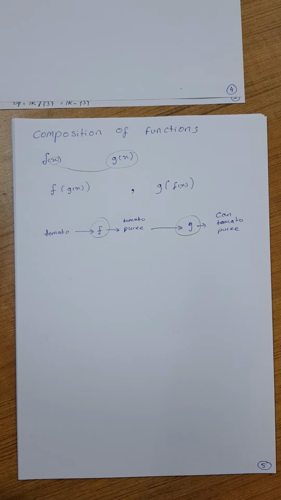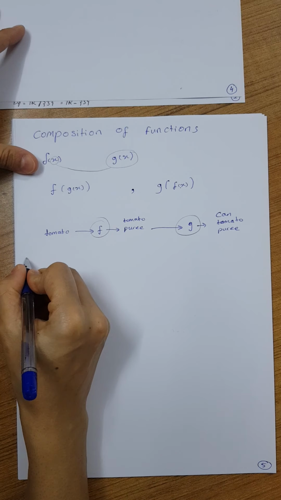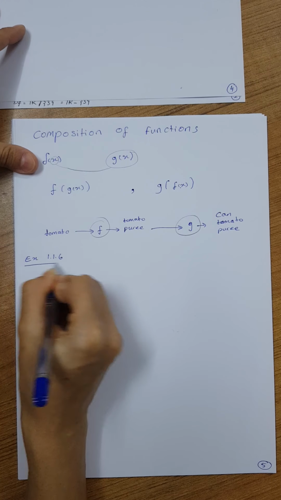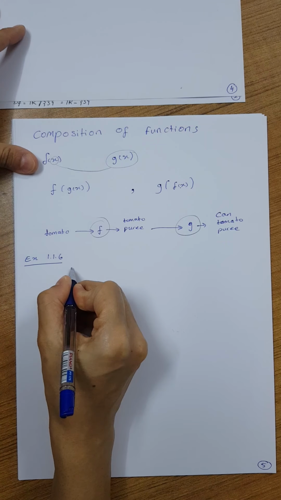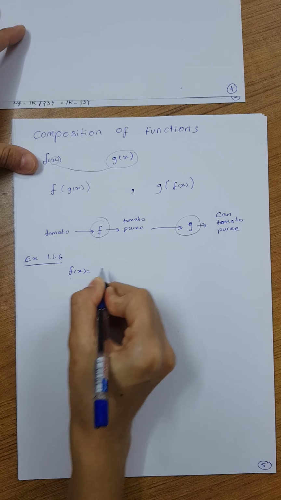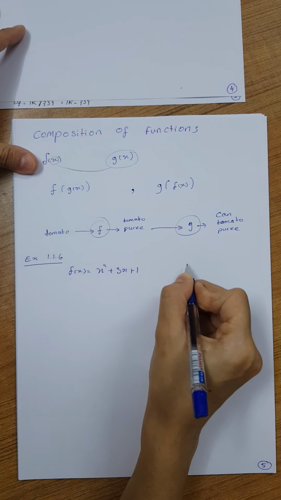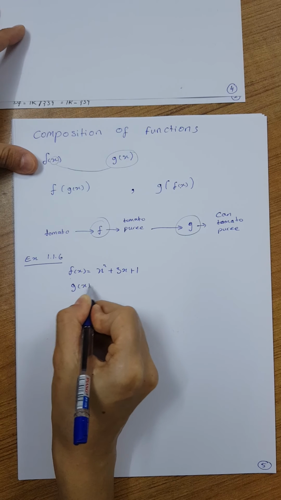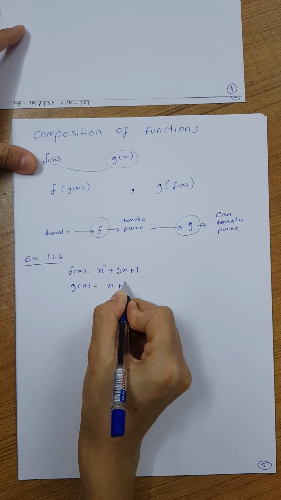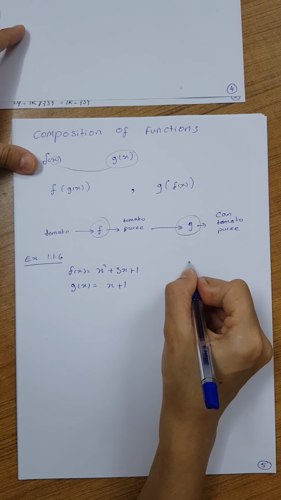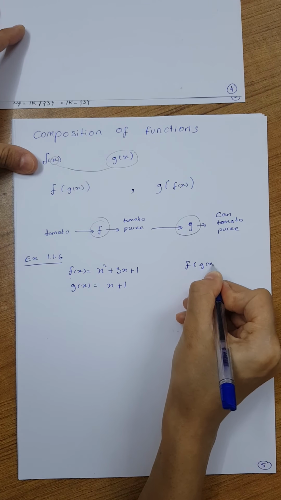Here is an example that says compose those two functions. We have example 1.16. f of x is given as x squared plus 3x plus 1, and g of x is equal to x plus 1. It's required from you to find f of g of x.